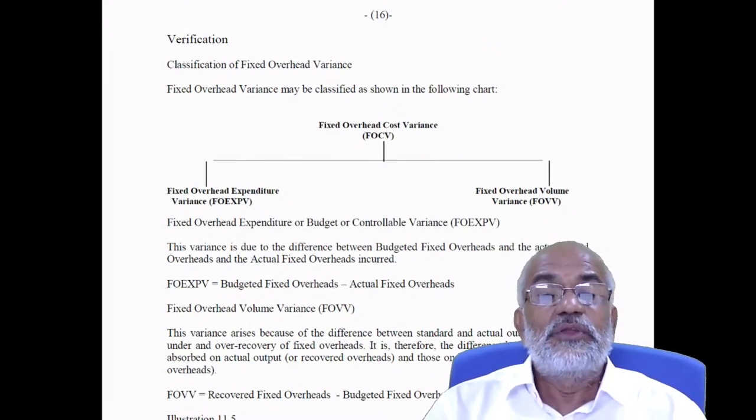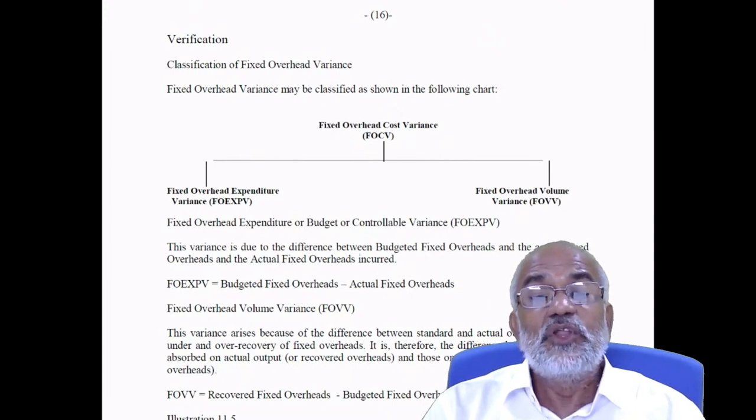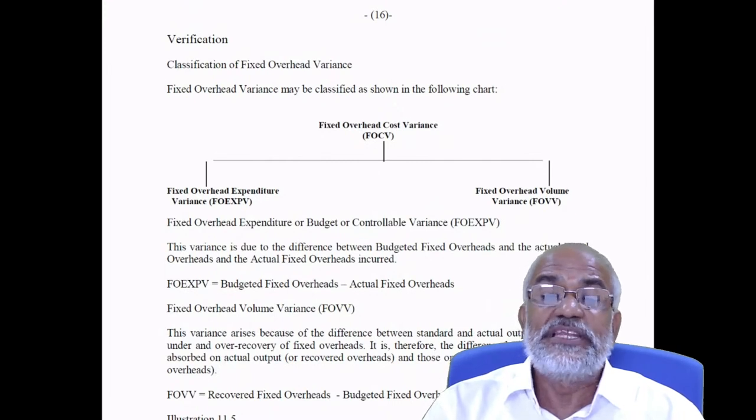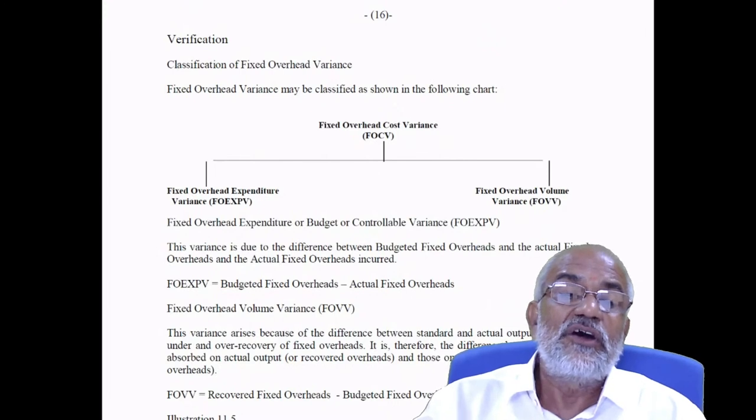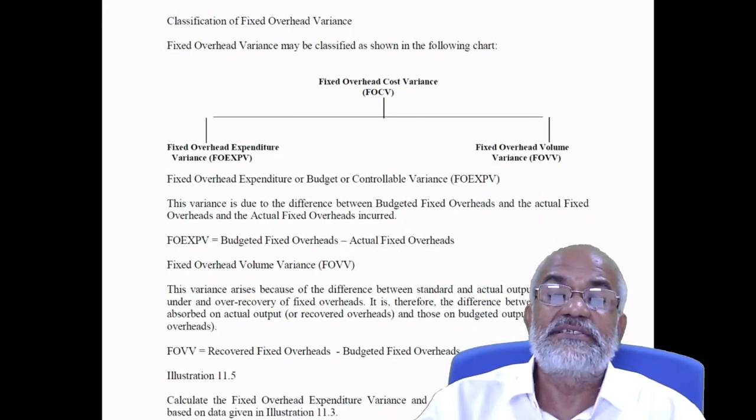Accordingly, when we calculate the fixed overhead volume variance, FOVV, the variance arises because of the difference between standard and the actual output, resulting in under or over recovery of fixed overheads.